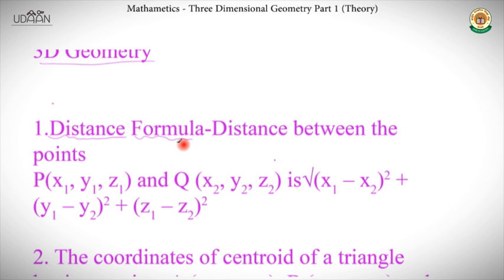If P(x1, y1, z1) and Q(x2, y2, z2) are 2 points given, then the distance between the 2 points is given by root of (x2 minus x1) whole square plus (y2 minus y1) whole square plus (z2 minus z1) whole square, or it can be root of summation (x1 minus x2) whole square. So basically the distance formula gives us the distance between the 2 points in a 3D coordinate system.